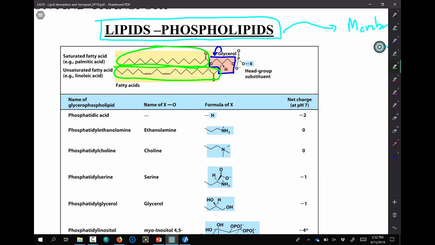But there would be only two of those, and then the other hydroxyl coming off the glycerol will have a phosphate group. And then coming off of that will be some head group.